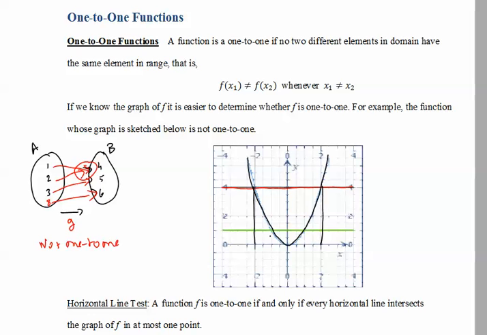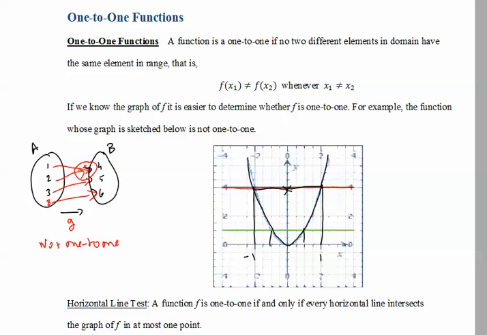That tells me there are two values, for example -1 and 1, that point to the same y value, and therefore it is not one-to-one. And the same with this green line. It crosses the graph twice, so it points to the same value. So the horizontal line test helps us determine from the graph if a function is one-to-one.